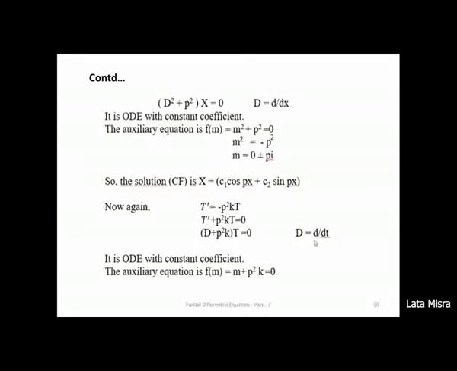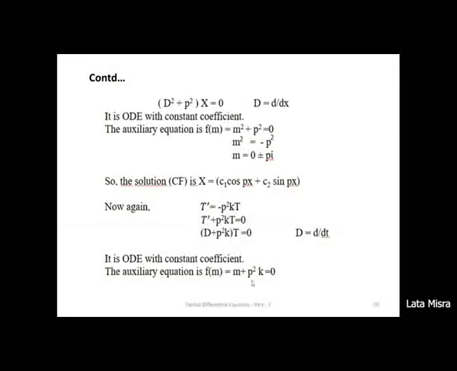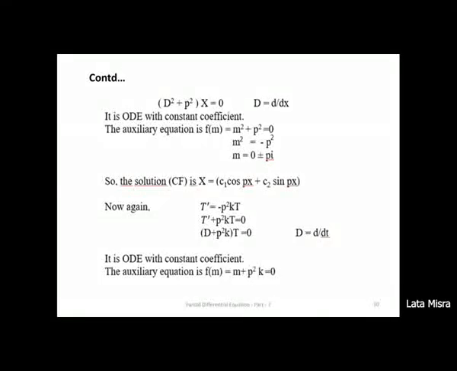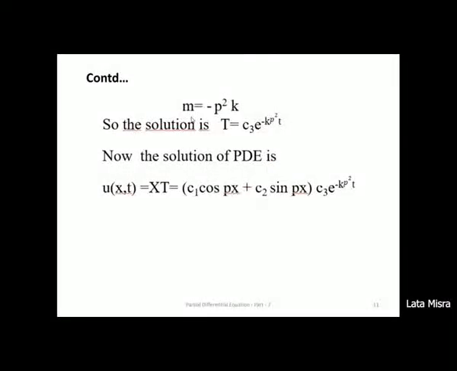We again replace d/dt by D, we have (D plus p²k)T equal to 0, which is again an ordinary differential equation with constant coefficients, and the auxiliary equation is m plus p²k equal to 0, and the root is m equals minus p²k. We write the solution as T equals c3 e^(−kp²t).